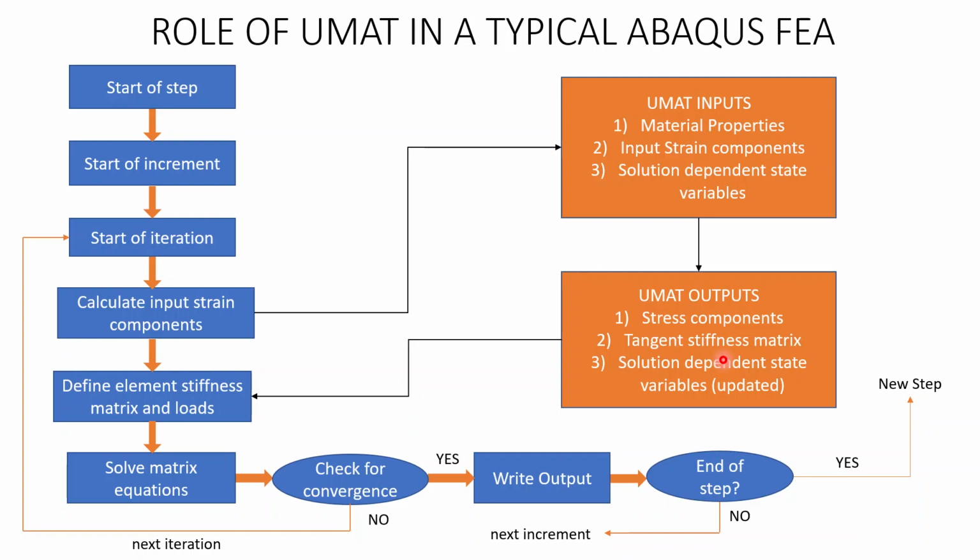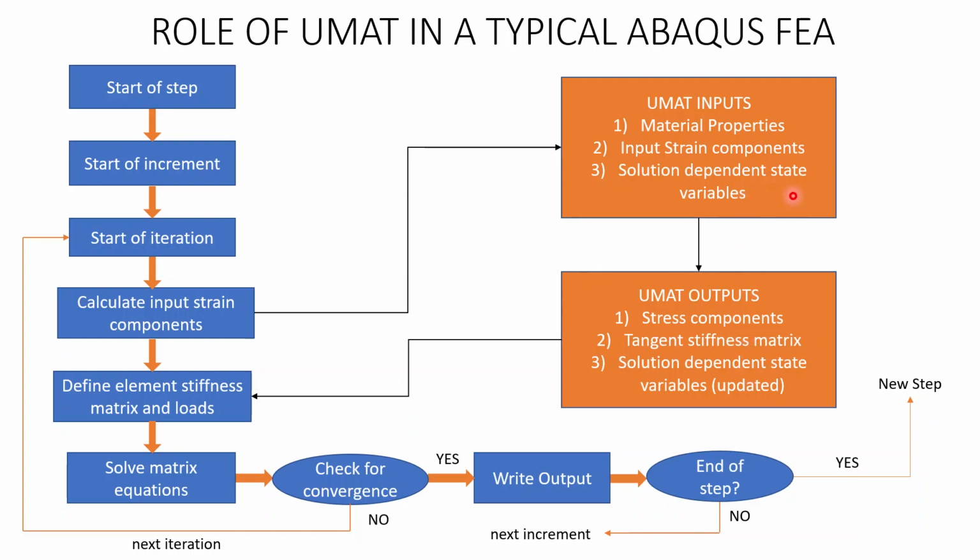One is the strain displacement matrix, which we call the B matrix, and another is the tangent stiffness matrix, which we generally call the C matrix. Our element stiffness matrix is generally the integral of B transpose times C times B over the domain. So we can see that this tangent stiffness matrix plays a role in the element stiffness matrix, and it is another output expected from UMAT.